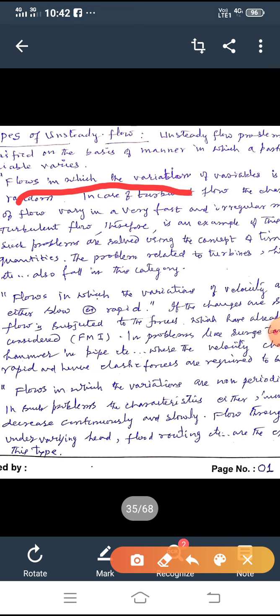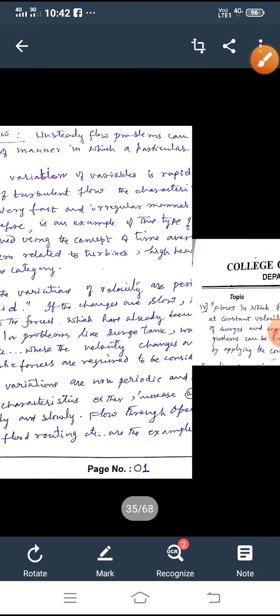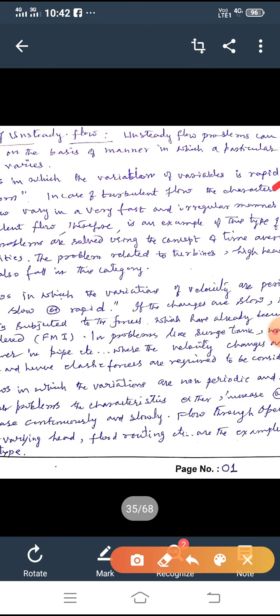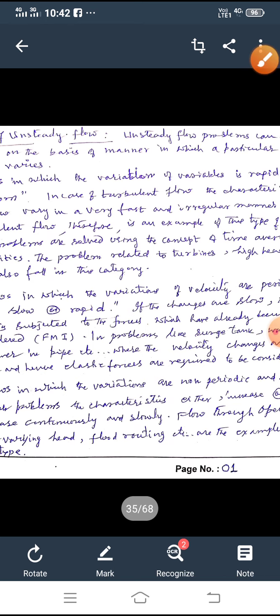Here you can see rapid and random. A good example of this is a turbulent flow, because the characteristics will change very fast and abruptly in general. Similar examples may be turbines and problems associated with high head gates.